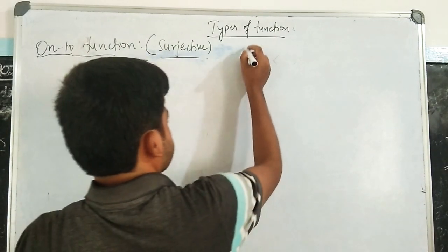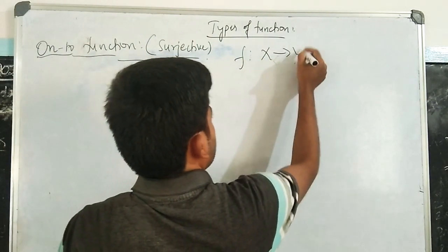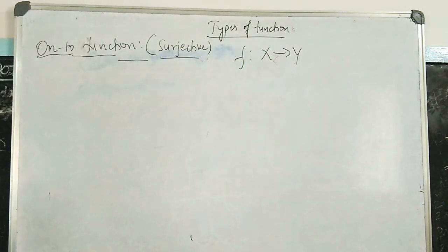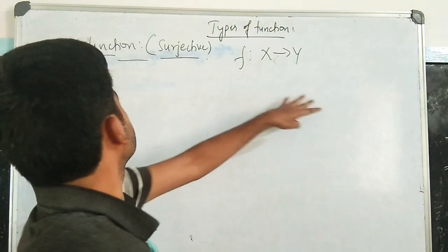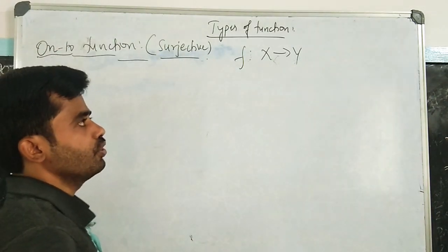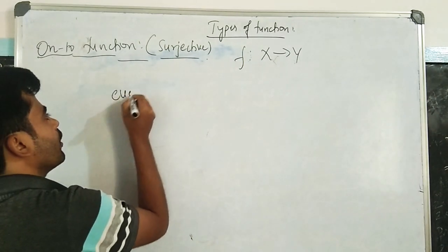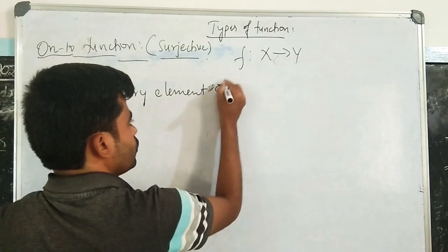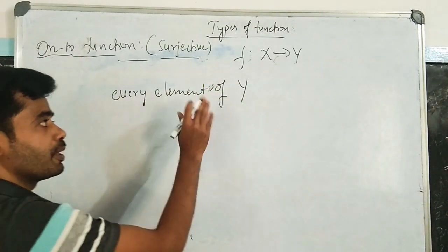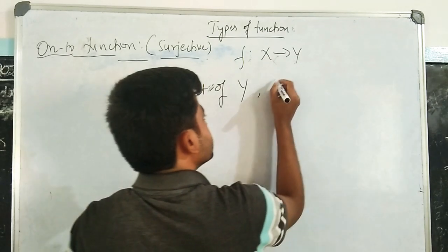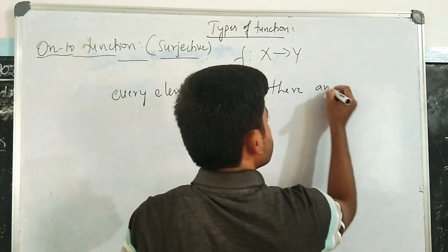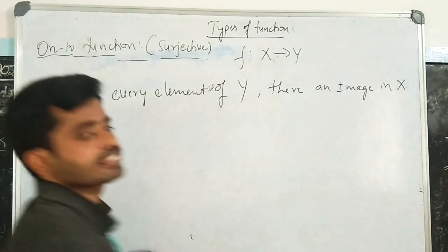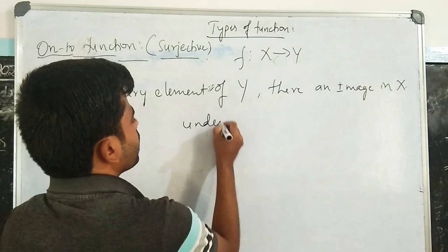A function f from X to Y is said to be surjective or onto function if every element of Y has an image in X under f.